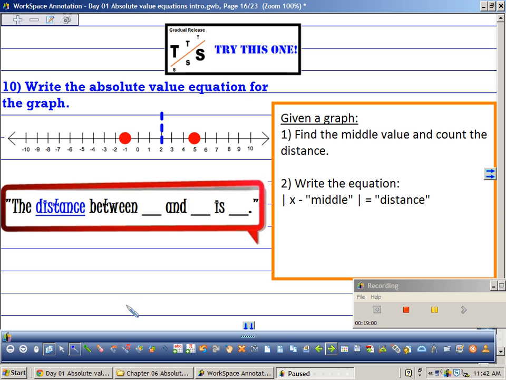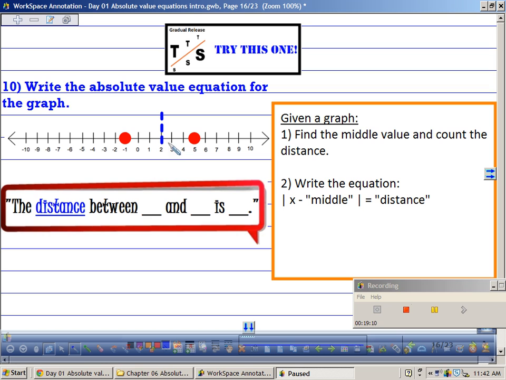Let's try the last one before we move into something different. Write the absolute value equation of the graph. Let's call Christopher. Christopher, what are we finding? The distance between x and what? 2. And what is the distance from x and 2? 3 in each direction, right?